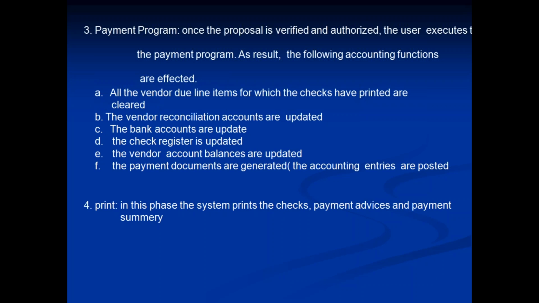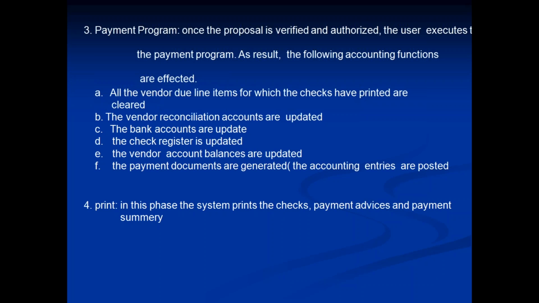Then the vendor reconciliation of balance will also get updated. GL will also get updated. Your check register will also get updated. Your vendor balance will also get updated, and we will get the payment document.